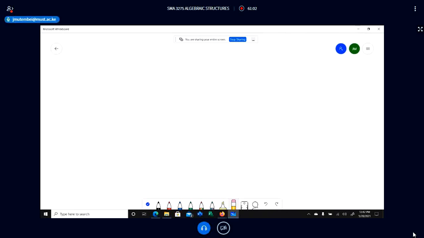Now, supposing we have a set and a transformation operation that maps it in the following manner. So I want to have this as a question.